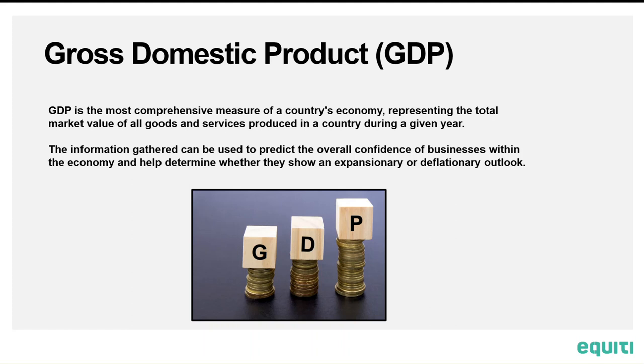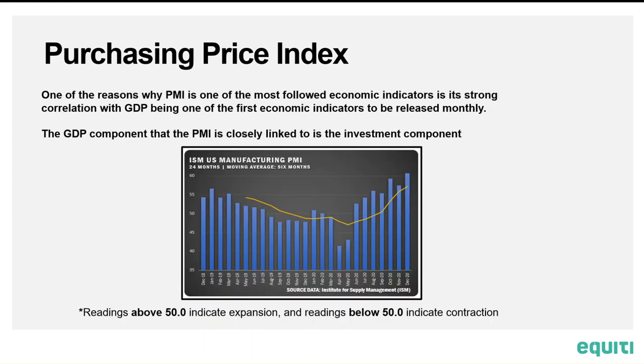So the GDP number is a good reflection of the health of the economy because it has a lot of added justifications as to why the economy is doing well or it's not doing well. So the information gathered can be used to predict the overall confidence of the businesses, again, to show expansion or contraction.